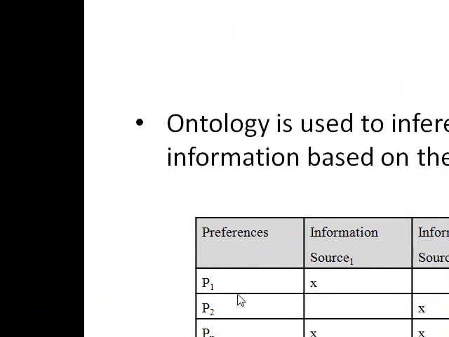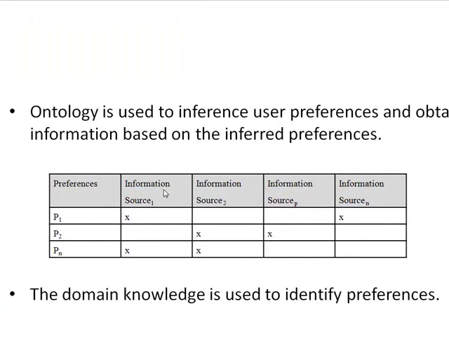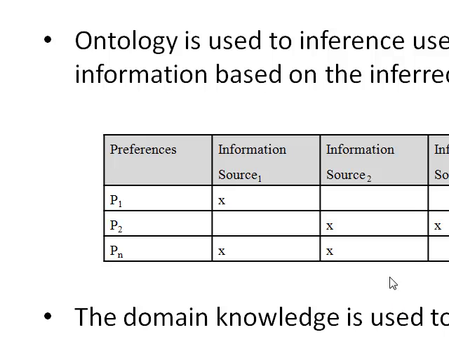Preferences are identified based on the user information found in social network profiles, and based on the identified preferences, external resources are mapped. So ultimately, by using those external resources, the personalized information is obtained.